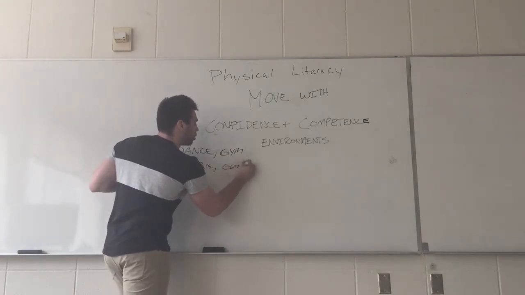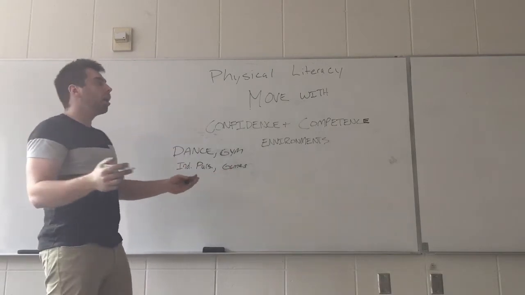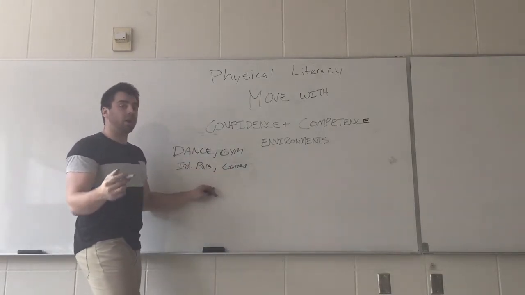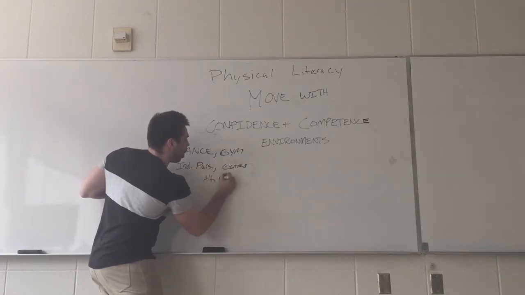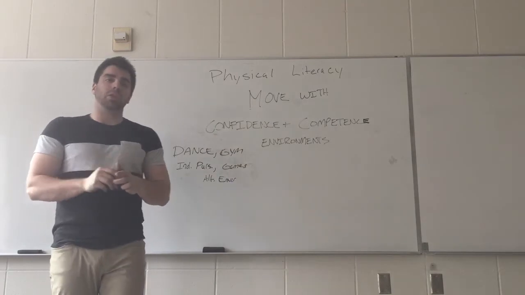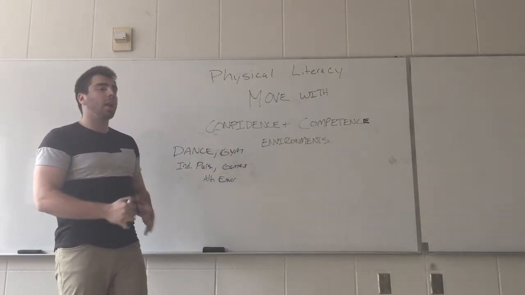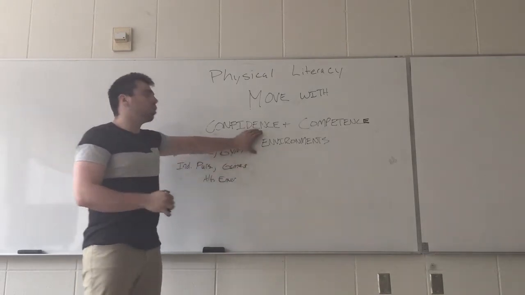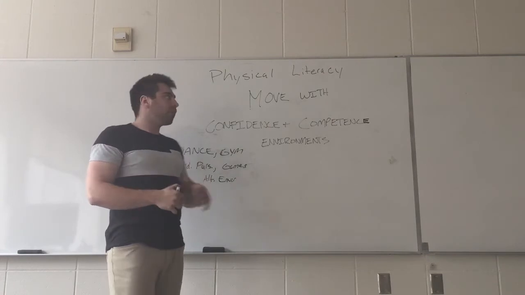That's the traditional volleyball, soccer, and basketball games that we play. And lastly, we have the alternative environments category, such as swimming or rock climbing. So that's how we define the multiple environments that we want you to be able to move in. There's 5 categories.